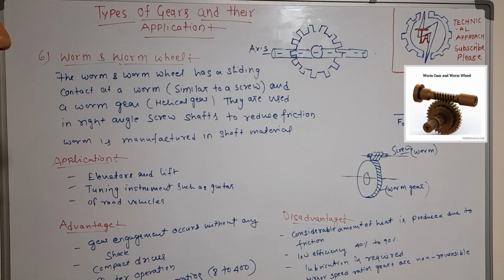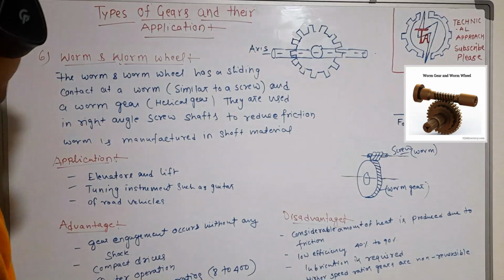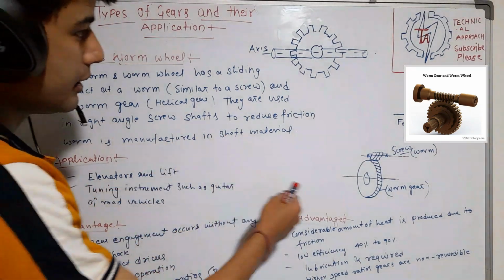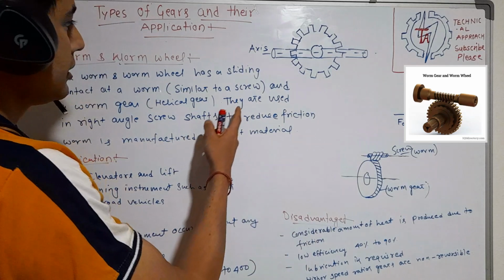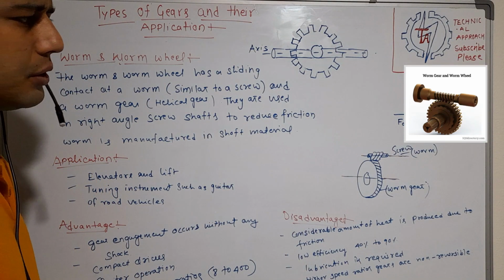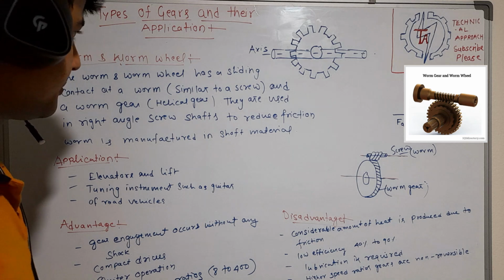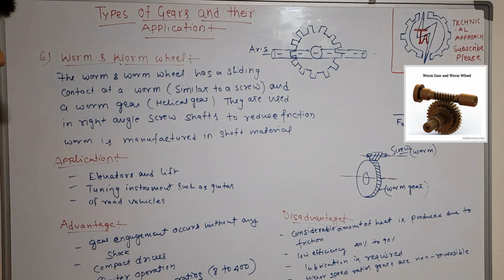The worm is similar to a screw, this one, and the worm gear is a helical gear, this one. They are used in right angle screw shafts to reduce friction. The worm is manufactured in soft material. These applications: elevator and lift, tuning instruments such as a guitar, off-road vehicle.